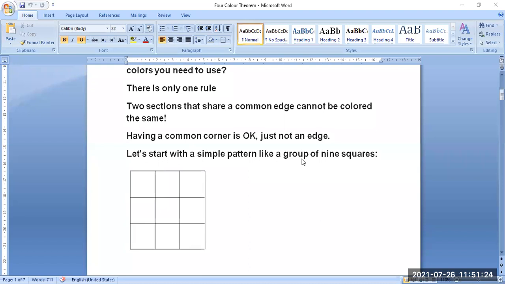Let's start with a simple pattern like a group of 9 squares. Here we are taking the group of 9 squares. We have to color it in such a manner that two adjacent squares will not be the same color. Now tell me, how many colors are required to color this? Anyone? Do you have any idea about this?